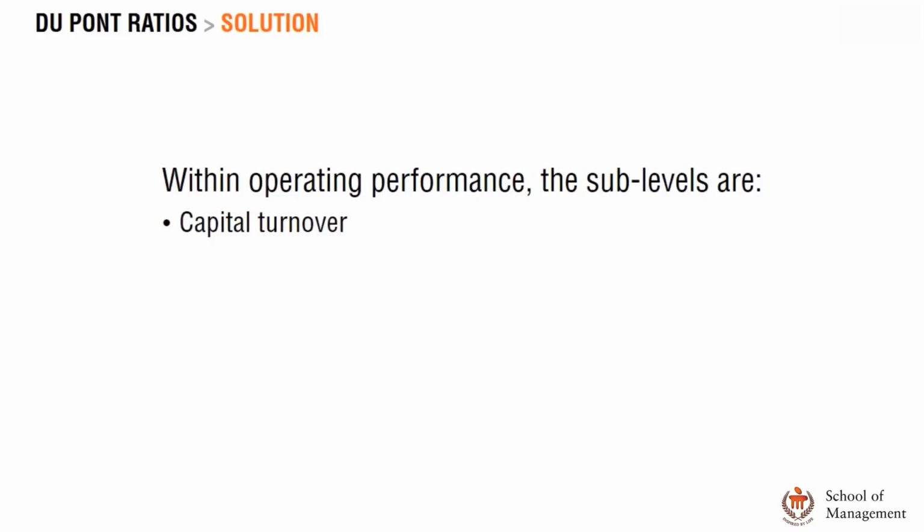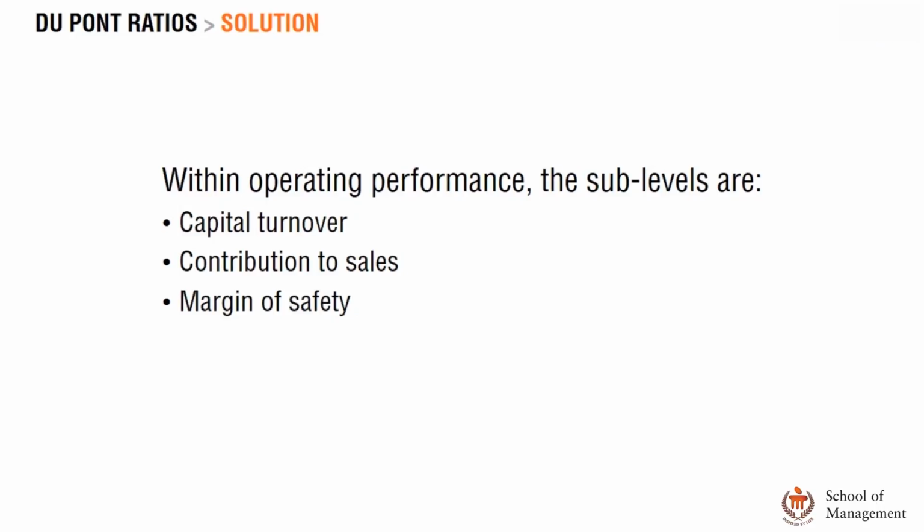These are the capital turnover ratio, which is the sales revenue generated per rupee of capital employed, and then the contribution to sales ratio, which is the variable profit on each rupee of sales revenue, and finally the margin of safety, which is the operating profit per rupee of contribution.